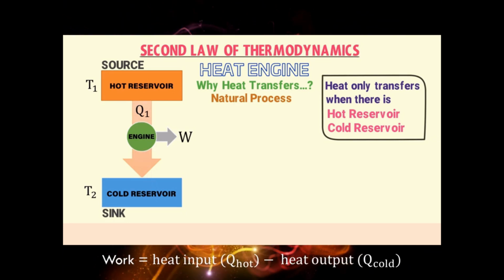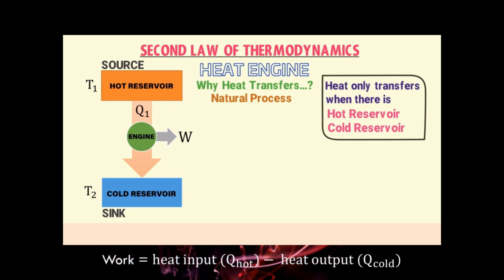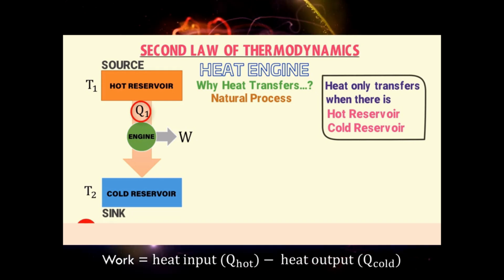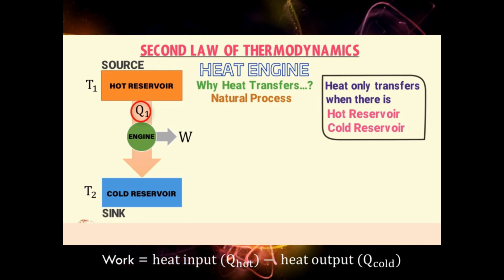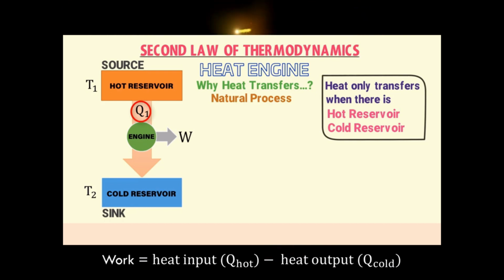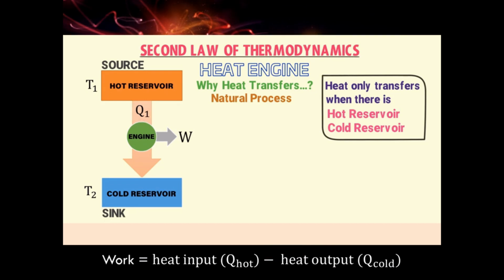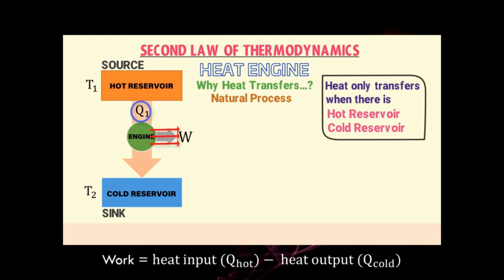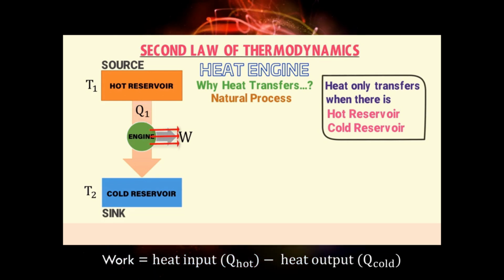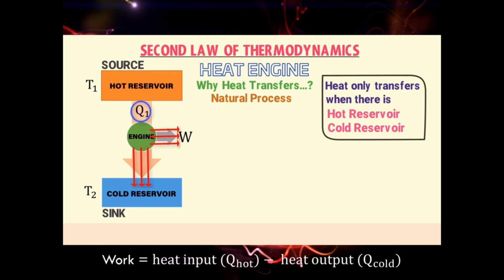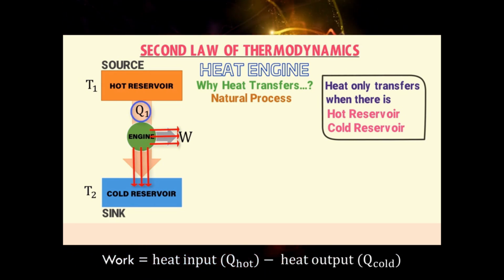Let me simplify it further. When the engine absorbs heat Q1 from the hot reservoir, the engine divides the heat into two parts. The engine converts one part of Q1 to useful work, and the engine then expels a part of heat Q1 into the sink as heat Q2 or Q cold.